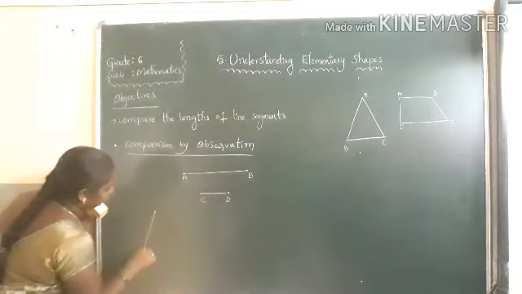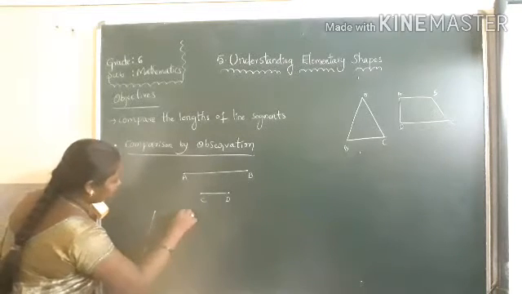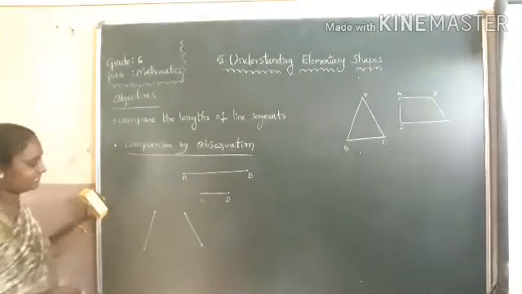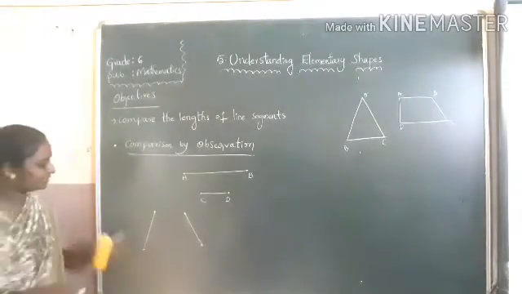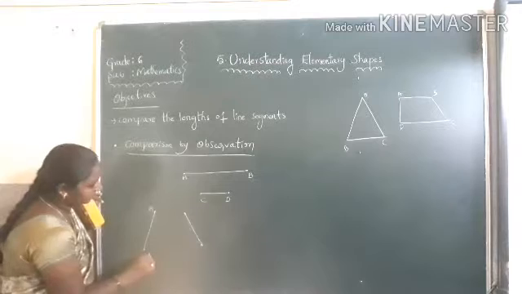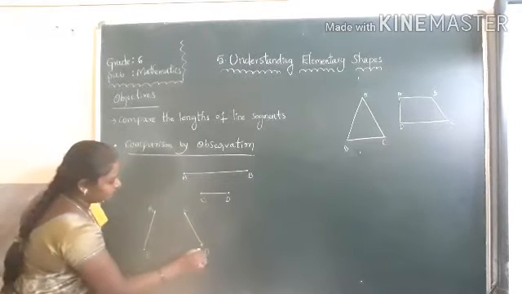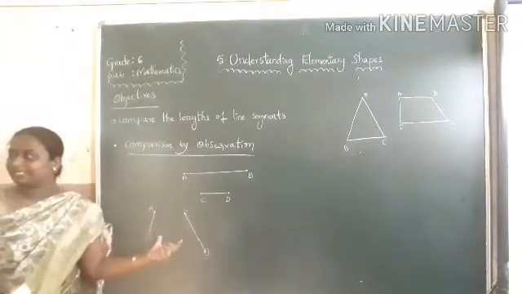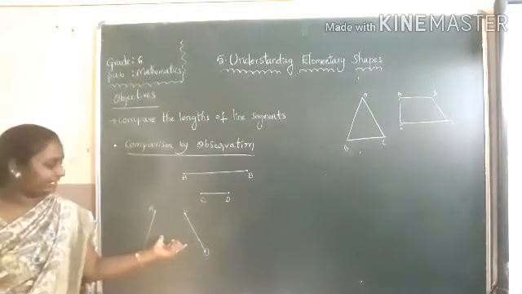Suppose here one more, I have given two adjoining line segments, AB and CD. Now tell me, among these two line segments, which is longer?